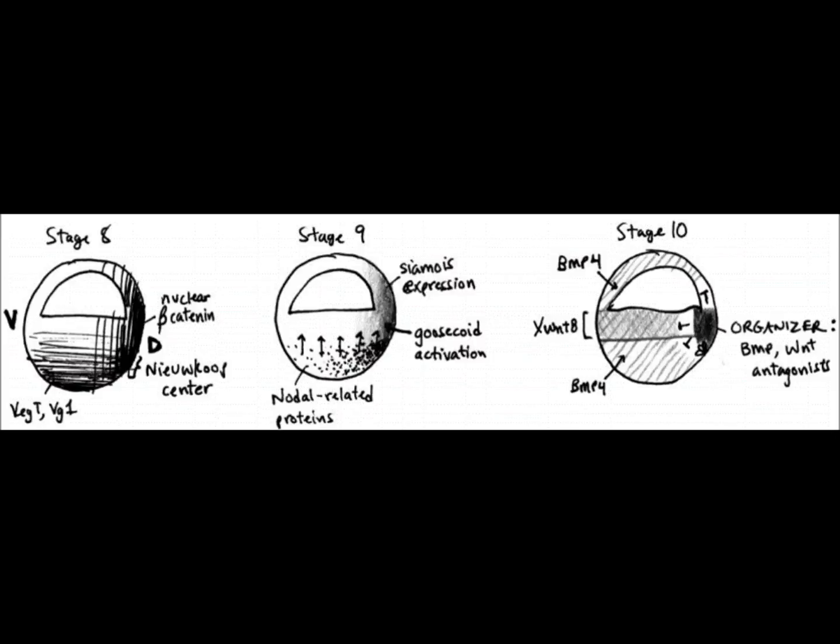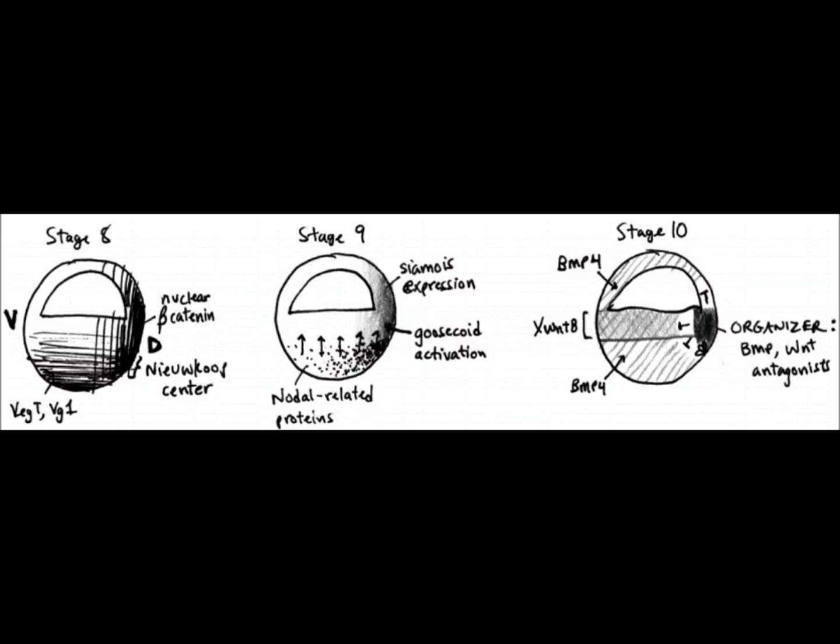Now, interestingly enough, looking at stage 10, the organizer actually expresses Wnt antagonists, which is Frzb, right, and also BMP antagonists, right. Now, this can seem a little contradictory, but it can be explained by the timing of events in the developing Xenopus embryo.